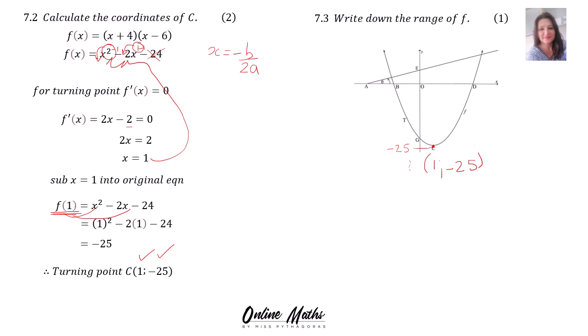So you want to answer, it's the y values from -25 upwards. And how do we write that in maths? There's two ways. You can either write it as y is an element of [-25; ∞), with -25 included and don't include infinity, or you can write it as y greater than or equal to -25. And any of the two, it's worth 1 mark for you.